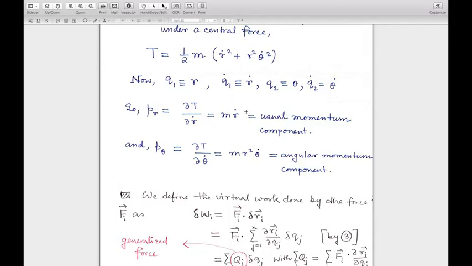Now what is the direction of P_theta? This is not simply theta cap. This is z cap. So that's why I said we should not constitute vectors out of these generalized coordinates or generalized velocities or generalized momentum. They are very good as an ensemble or a set or collection of variables.